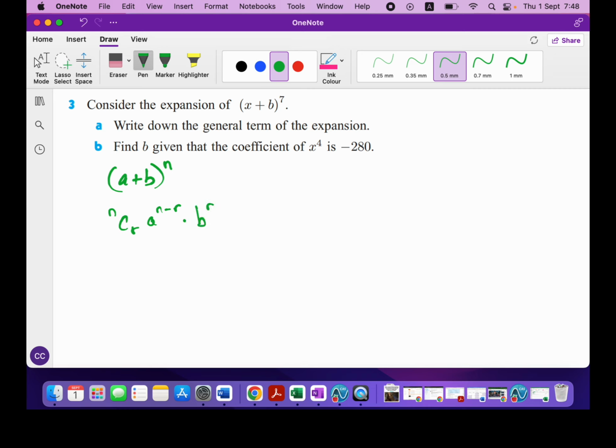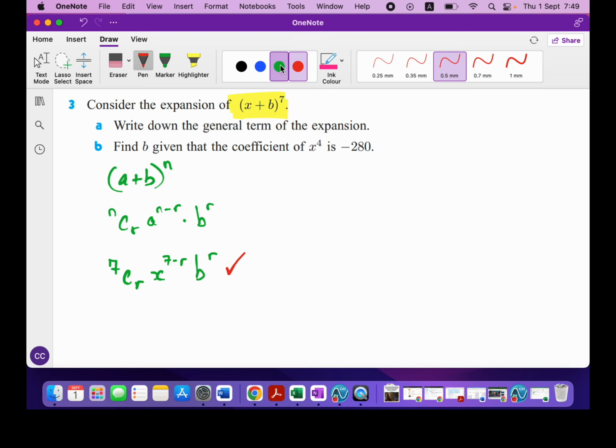Extending that to our specific situation here, that would turn into 7 choose r of x to the 7 take away r and b to the r.